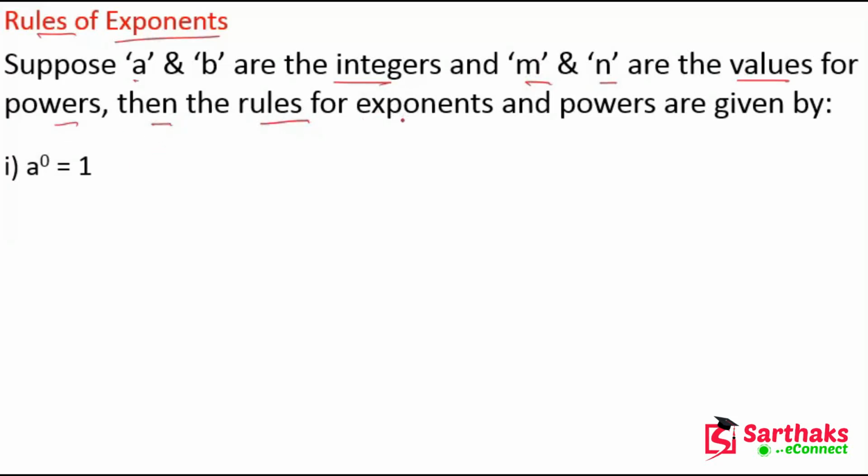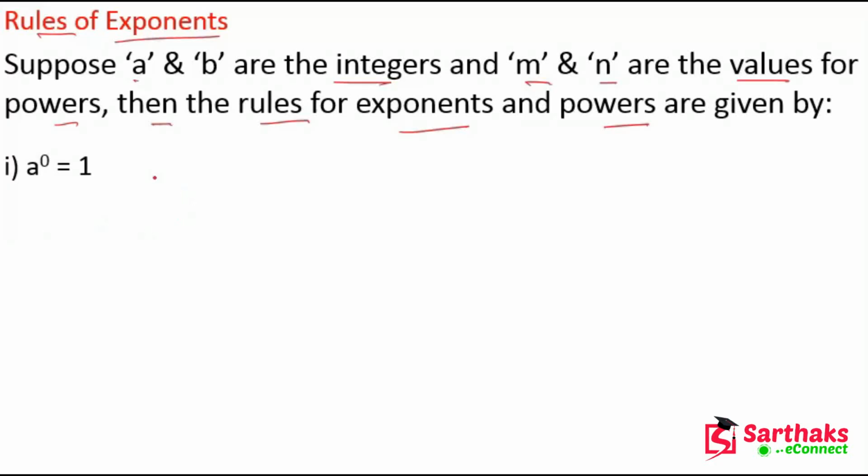Then the rules for exponents and powers are given here. The first rule is a raised to power 0 is 1, where a is any number. As per this rule, if the power of any integer is 0, then the resulting output will be unity.